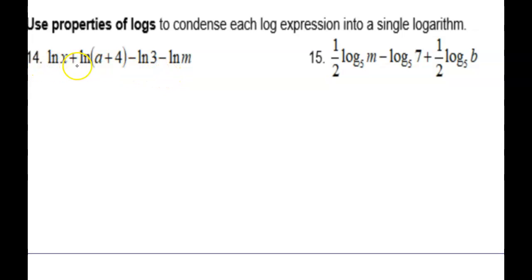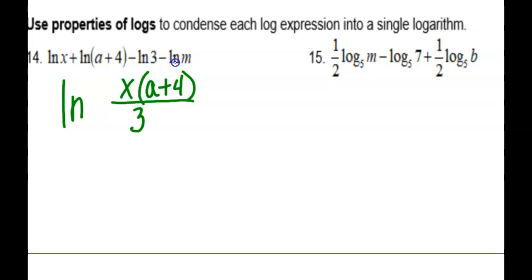This one has no numbers out in front of the log, so there's no powers we need to move. So we would write the natural log of what goes up on top? X times the quantity, a plus 4, and in the denominator, this is a minus, so that goes down in the bottom, and this is a minus, so that goes down in the bottom.